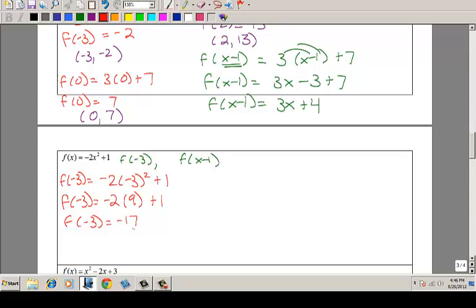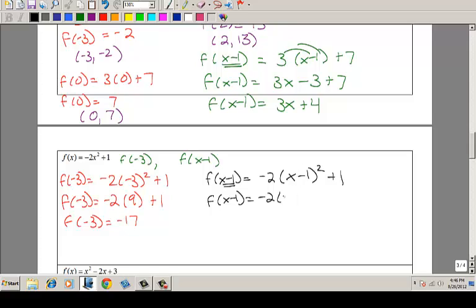Okay. Now let's find f of x minus 1. Well, this is going to tell us to substitute that x minus 1 in place of that x there. So we say negative 2 times x minus 1 quantity squared plus 1. So f of x minus 1 is negative 2 times, well, x minus 1 squared.